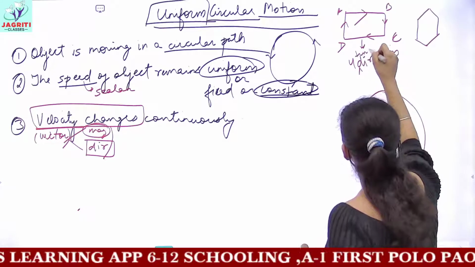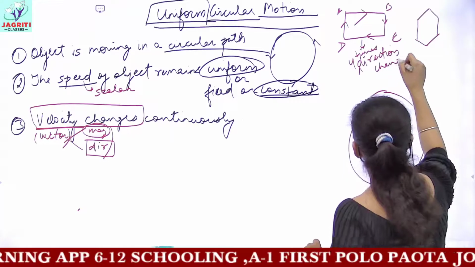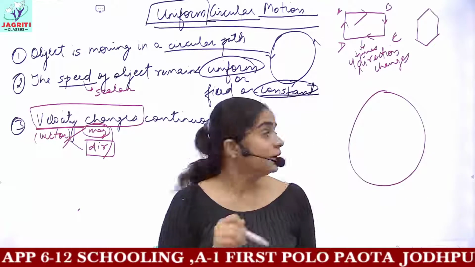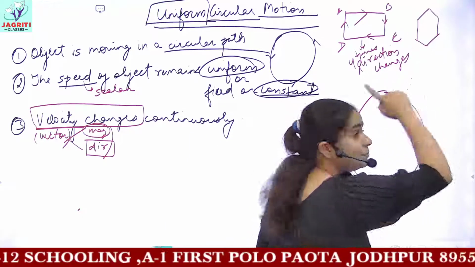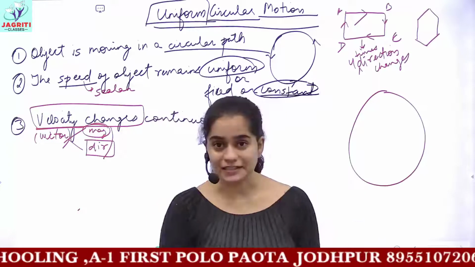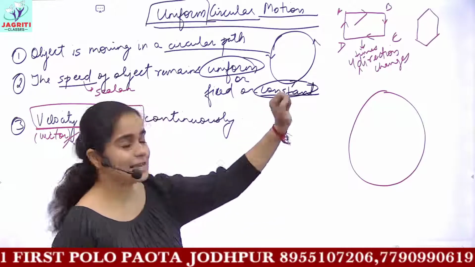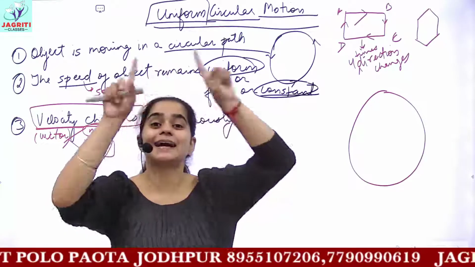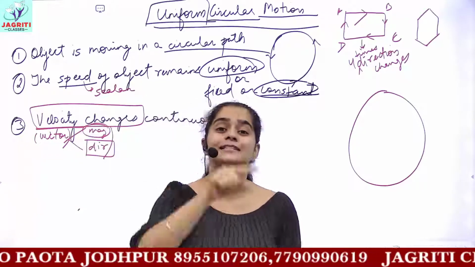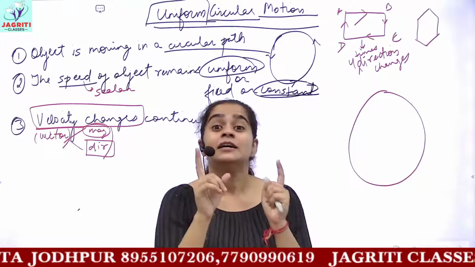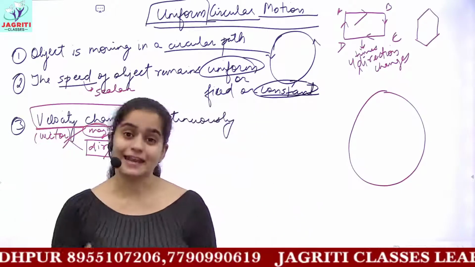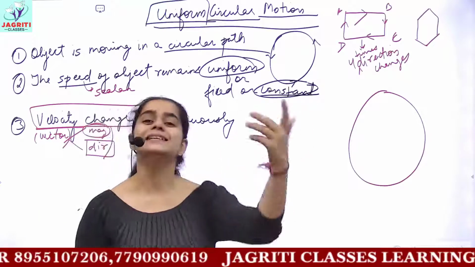When the object moves on a hexagon, which has 6 sides, it would change its direction 6 times. If I say that an object is moving on a decagon, a figure made up of 10 sides, how many times will that object change the direction? It will change the direction 10 times.